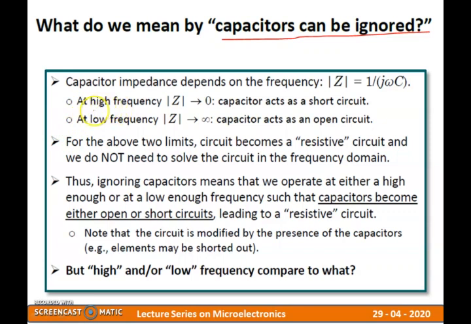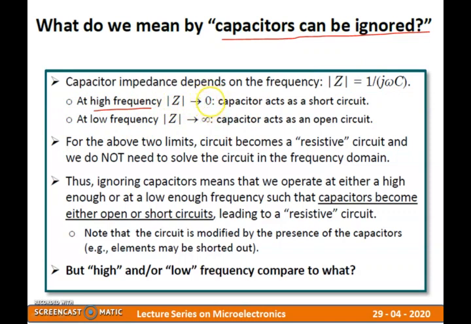Now, at very high frequencies, let's say this f or omega value is very large or infinite, ideally speaking. So 1 over infinite will be what? 0. So my capacitive impedance will tend to 0, which means I can make a statement: at very high frequency, my capacitive impedance will tend to 0.